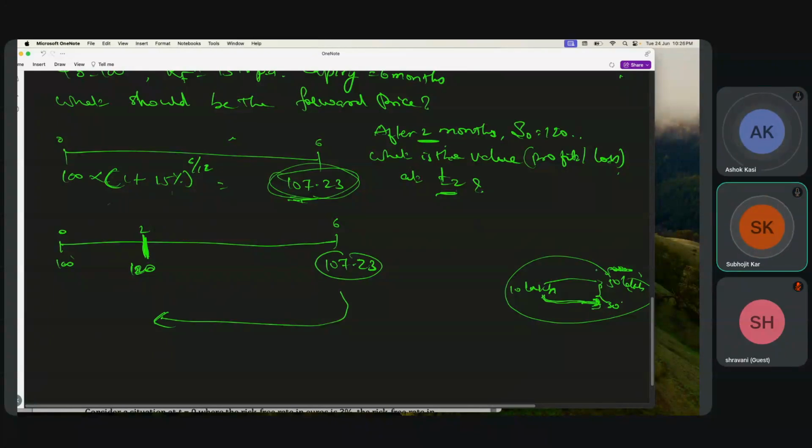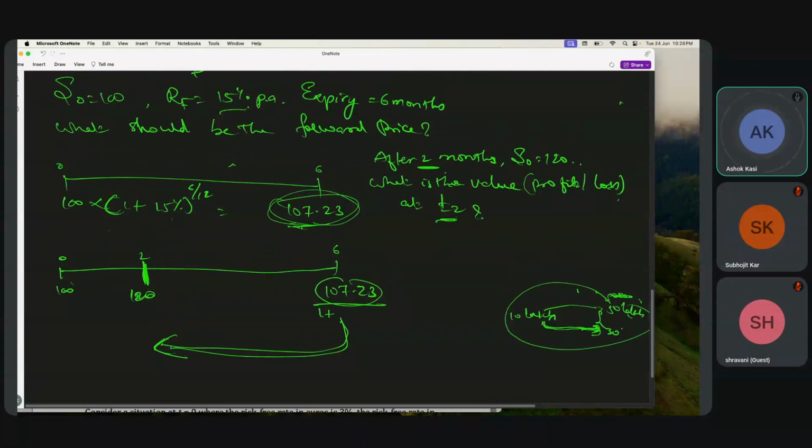Divided by 1 plus 15% raised to 4. Similarly, you have to bring it here. You have to take it backward, so we will discount it. Discounted at 1 plus risk-free rate, which is 15 percent, raised to 4 by 12. Just calculate this amount.